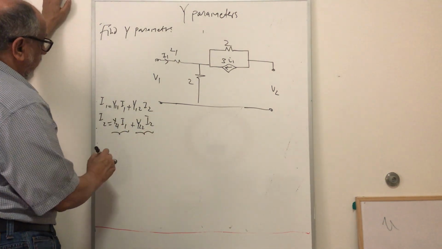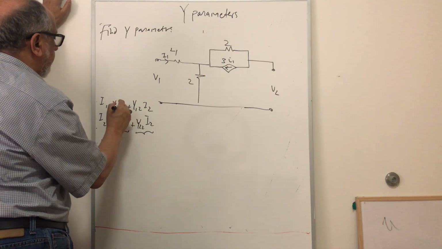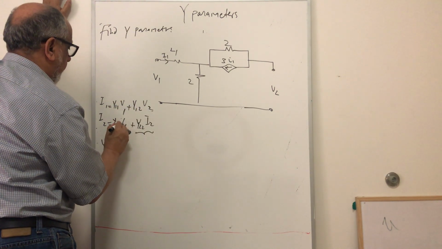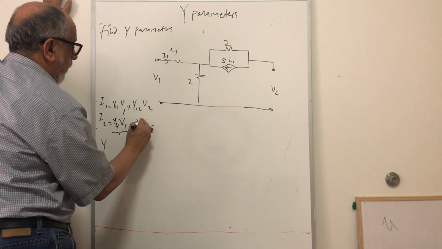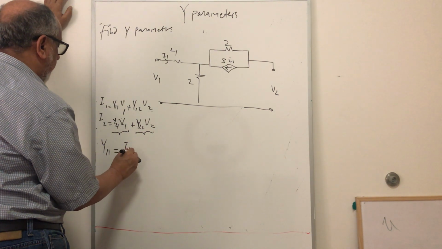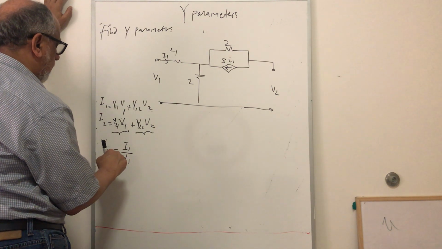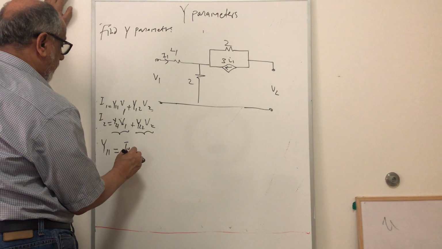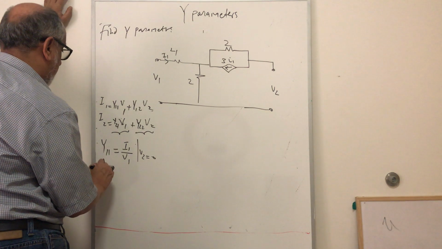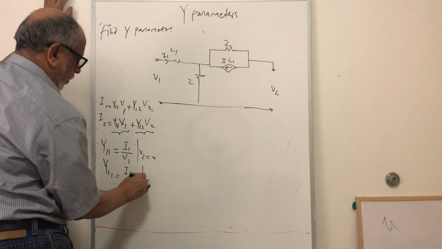So first here you can find y11 equal to I1 over V1 when V2 equal to 0 and y21 equal to I2 over V1 when V2 equal to 0.